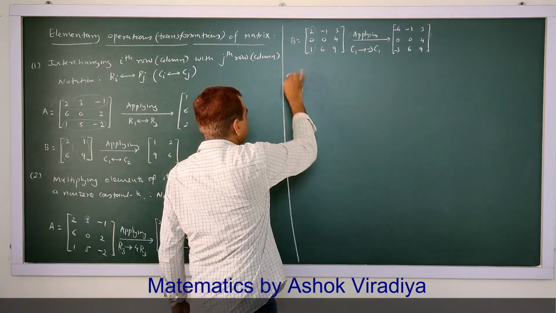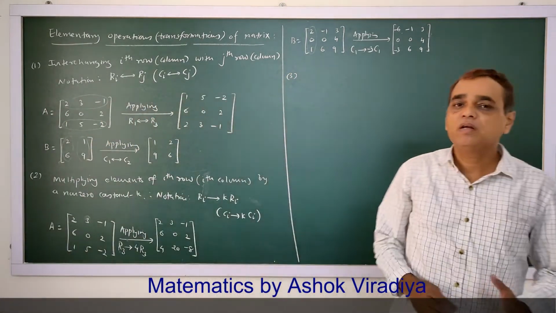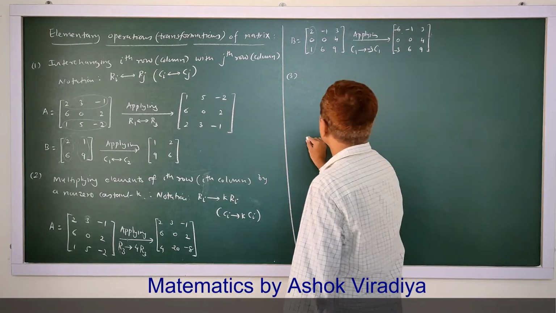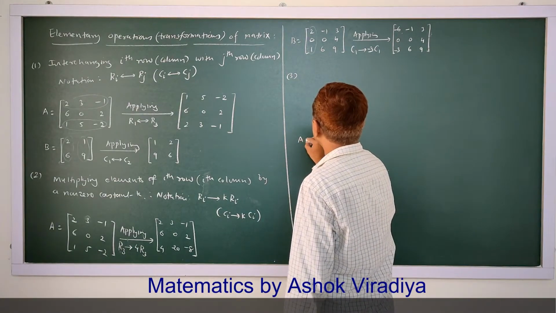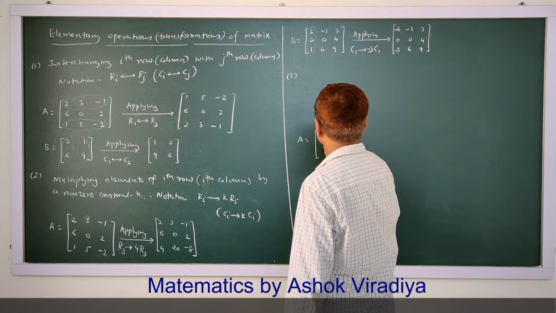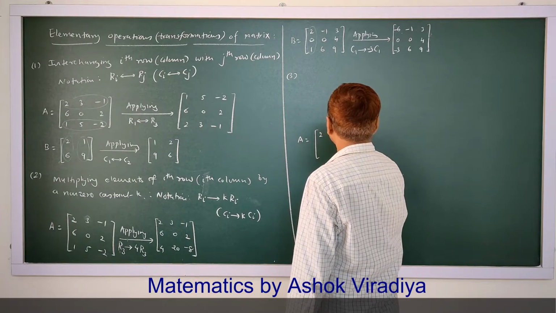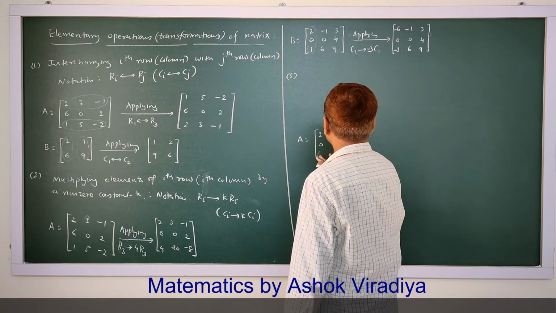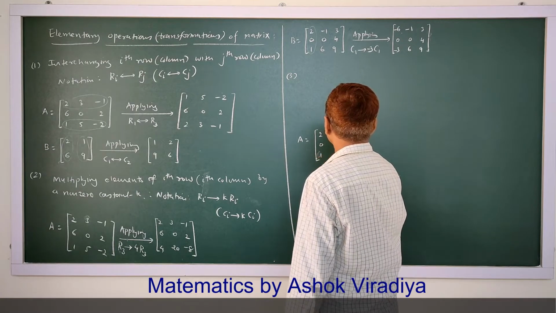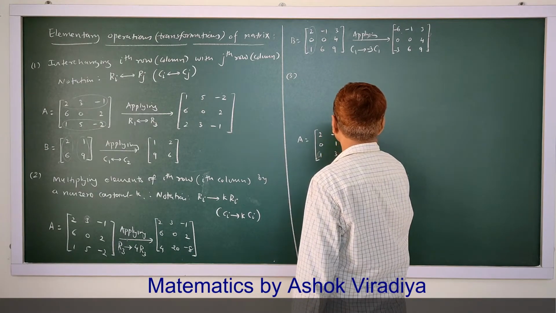Third operation. Suppose matrix A is 2, minus 1, minus 1, 0, 1, 5, 1, 3, 4.